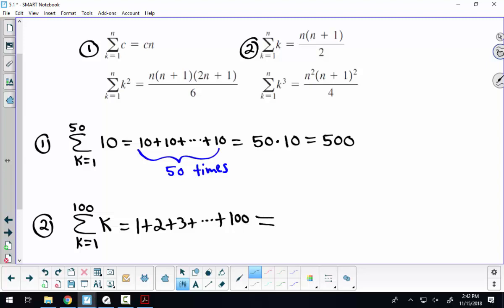The formula for that type of sum is n times n plus 1, all divided by 2. And again, n is just where you're stopping. So here n is equal to 100. This formula becomes 100 times 100 plus 1, all divided by 2.